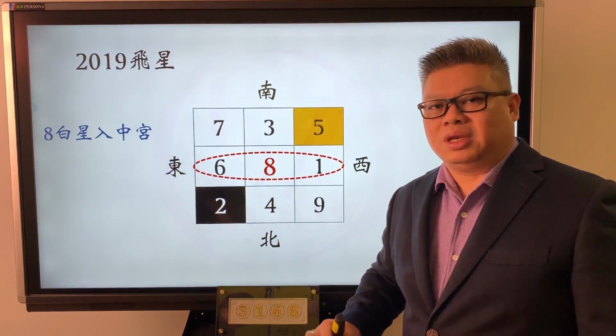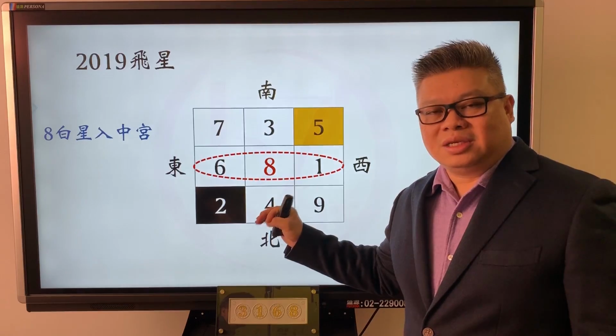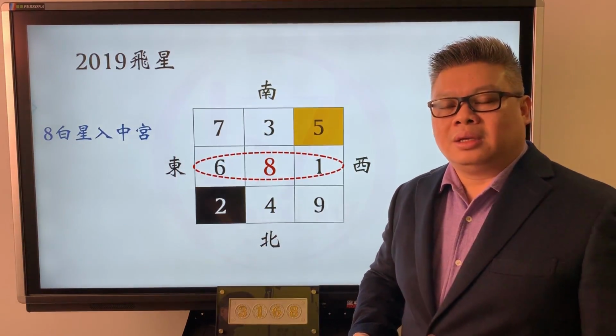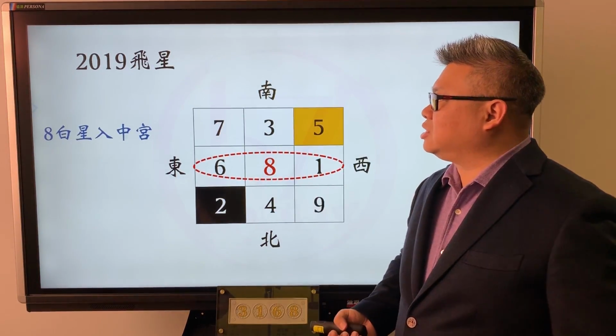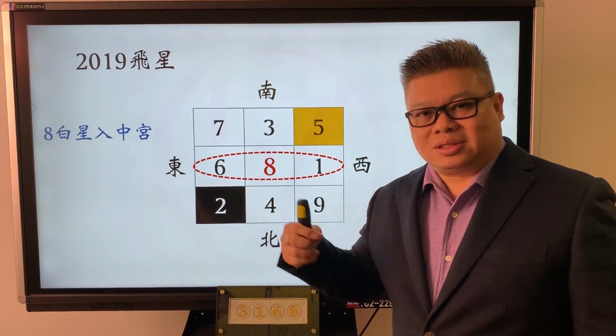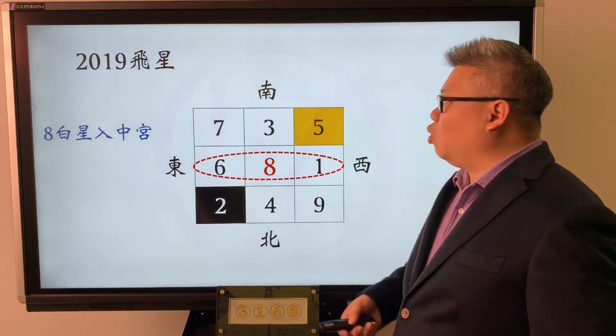But most importantly, we need to focus on number 8, since we are talking about period 8. The 8 is the key. The 8 is a very fortunate star, and it is in the commanding position in 2019.